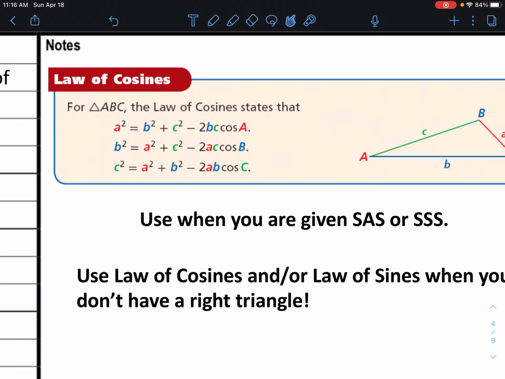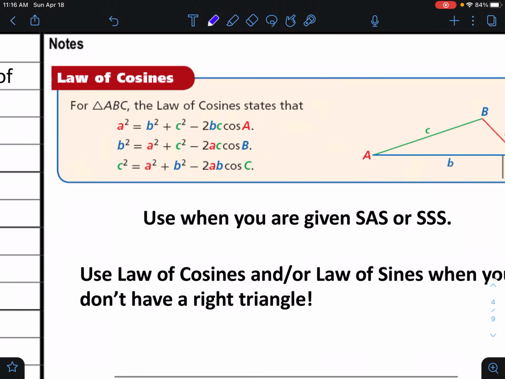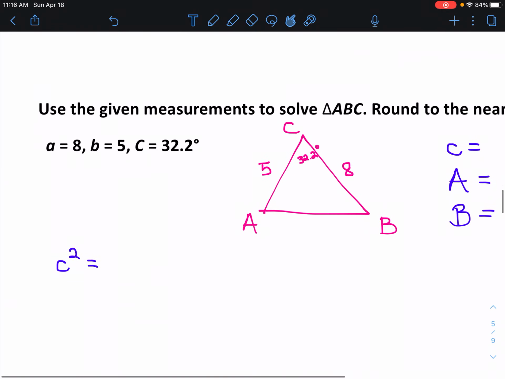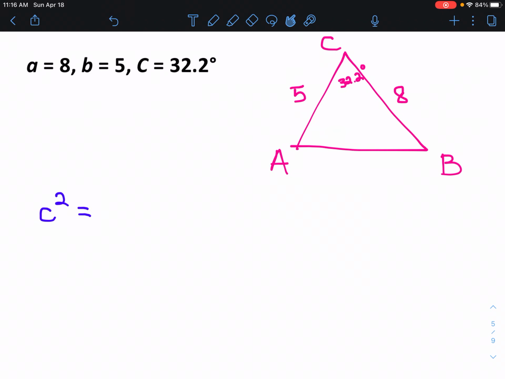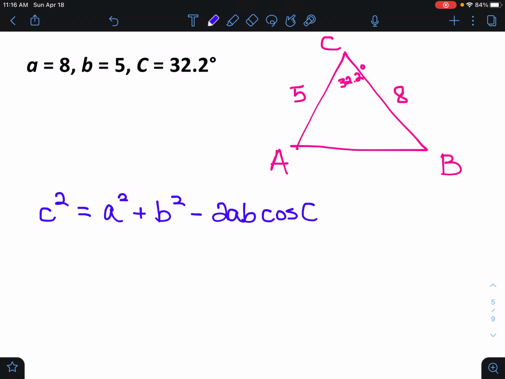It says c squared equals a squared plus b squared minus 2 times a times b times cosine of c. I know the pattern is always the same, so I'm going to say c squared equals a squared plus b squared minus 2ab times the cosine of angle C.